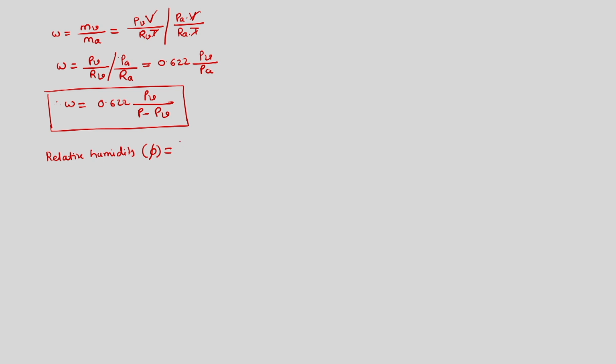It is the ratio of the mass of water vapor in the air divided by the maximum possible mass of vapor in the same state. So phi is equal to mv over mg, which is the saturation mass.